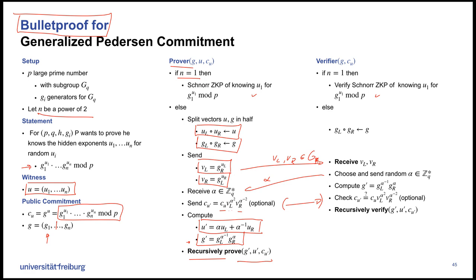So here G and u are vectors of length n, and here it's only n/2. So we're halving it. And that's why we choose n to be a power of 2. And then do it again and again and again until it's a single number, and then we check it's the same. And that's the idea of a bulletproof.